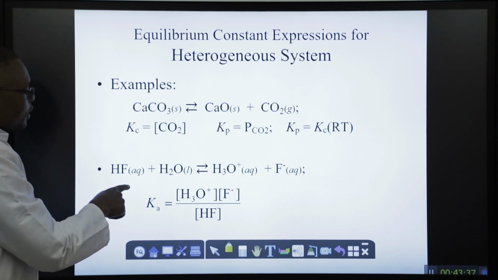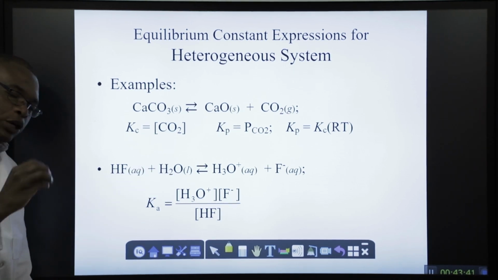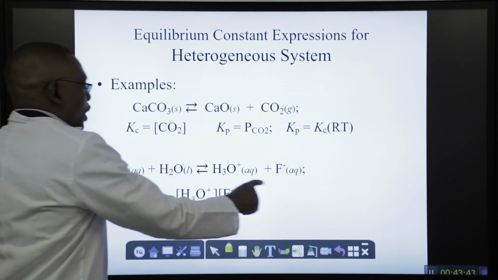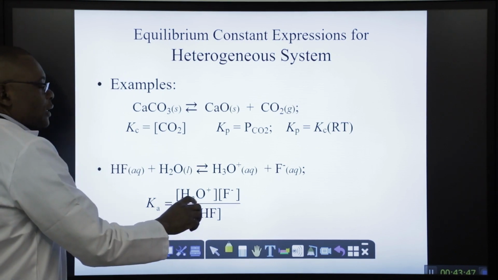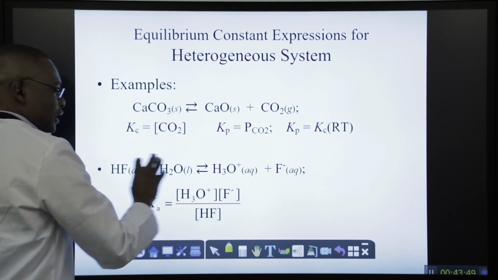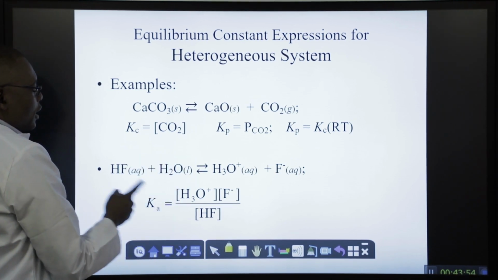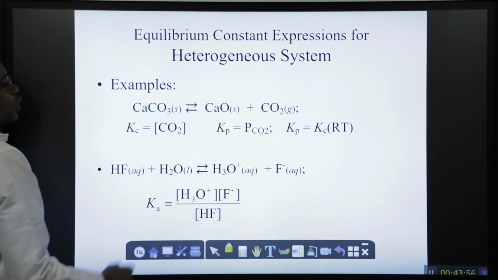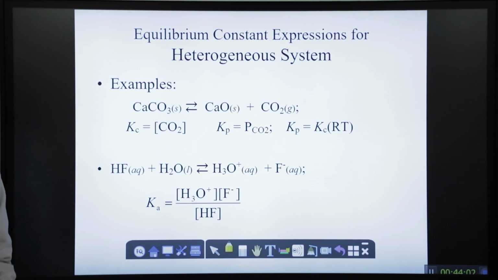If you look at this one, we are saying HF in aqueous solution plus water, a pure liquid. You are going to express it like this. Where you are supposed to say products over reactants, you will see that the only reactant you are going to include here is HF. You are going to ignore H2O because water is a pure liquid. Its concentration does not change.